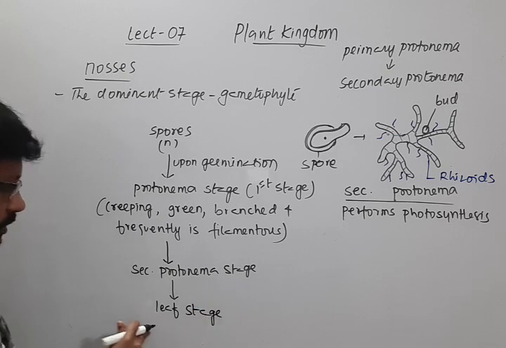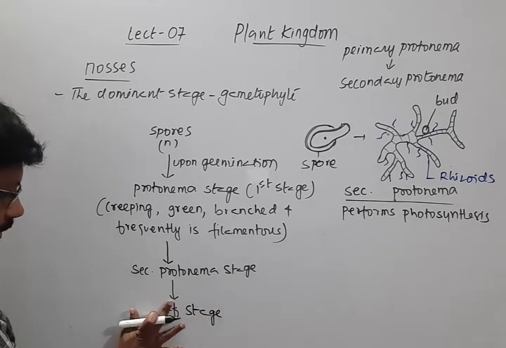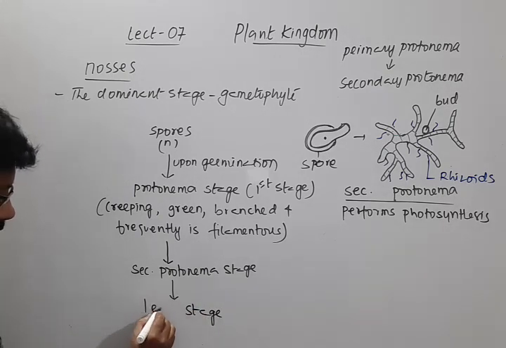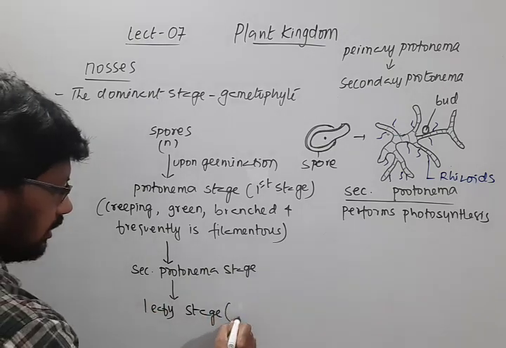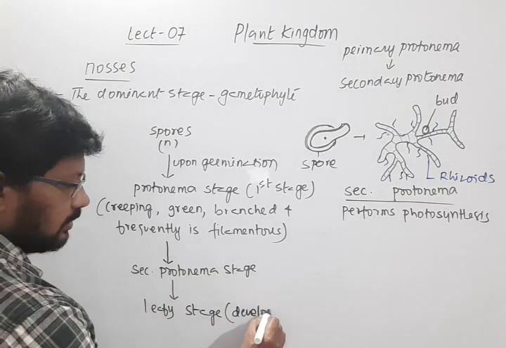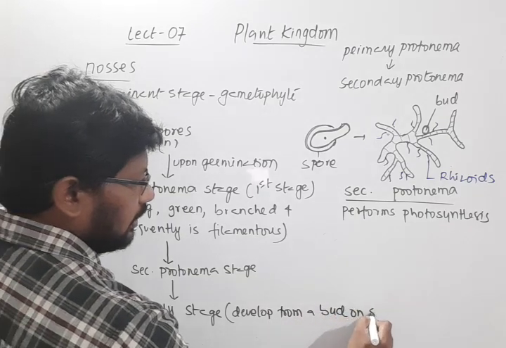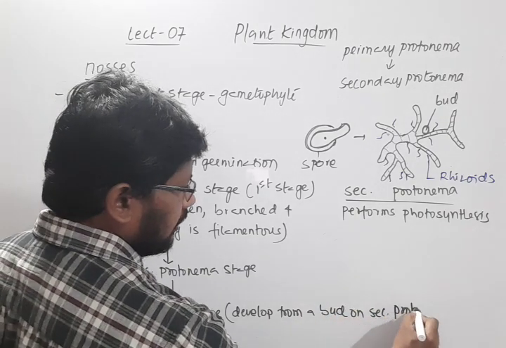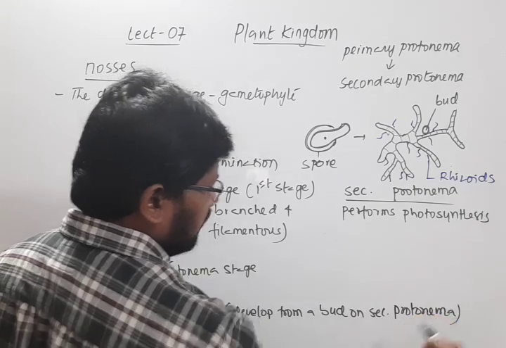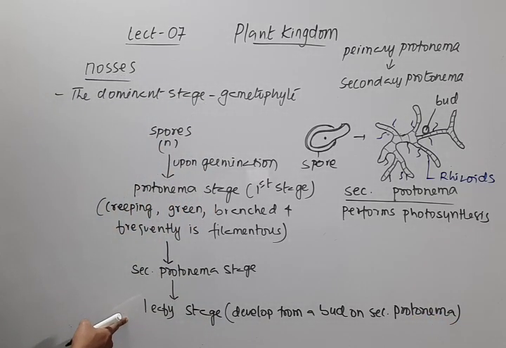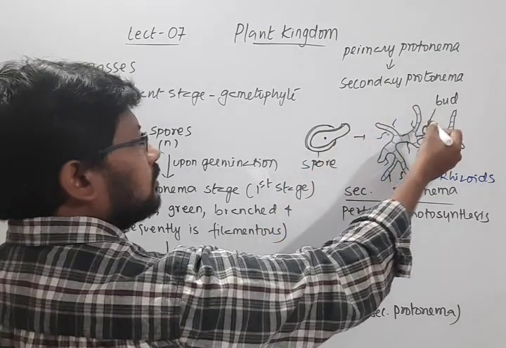So this is called the leafy stage. It develops from a bud on secondary protonema. So here you can see this bud.